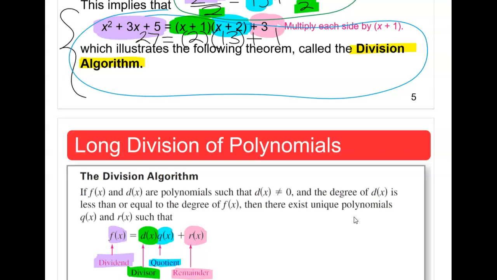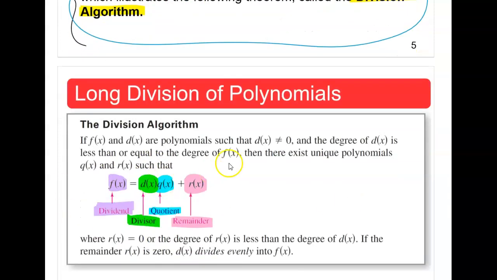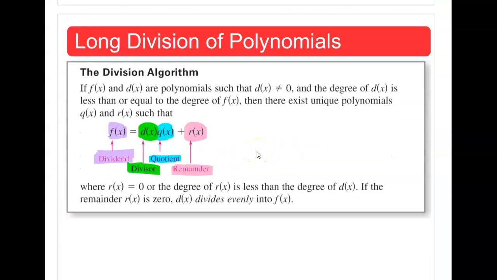Okay, so the division algorithm says if f of x, the dividend, and d of x, which is the divisor, are polynomials such that d of x does not equal 0. This is very important because we cannot divide by 0. You should know that by now. And the degree of d of x is less than or equal to the degree of f of x. So we want to make sure that the divisor is of lower degree than the dividend.